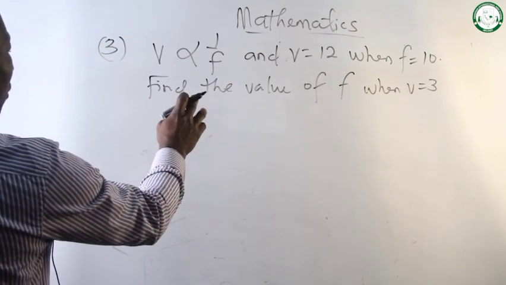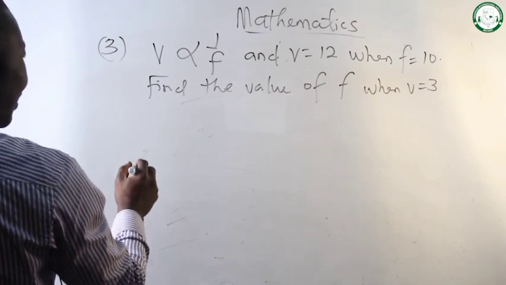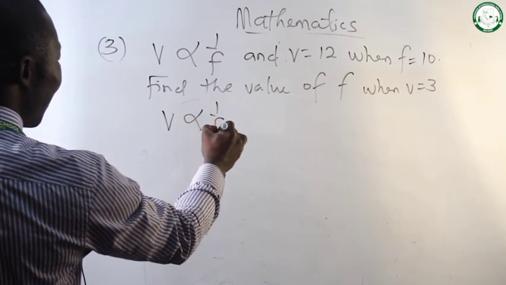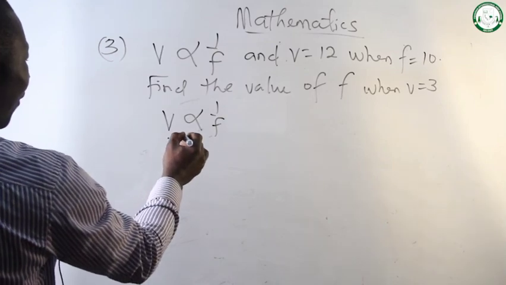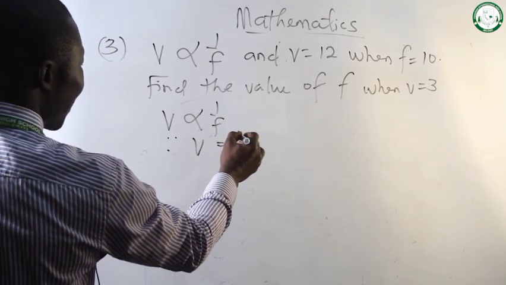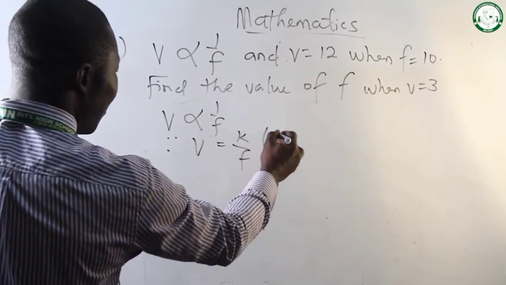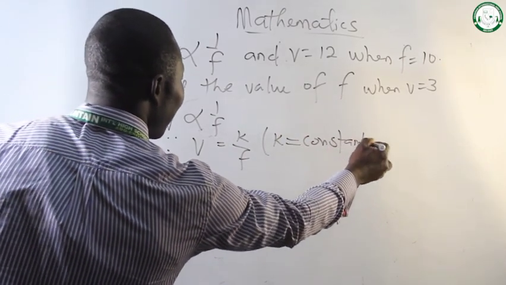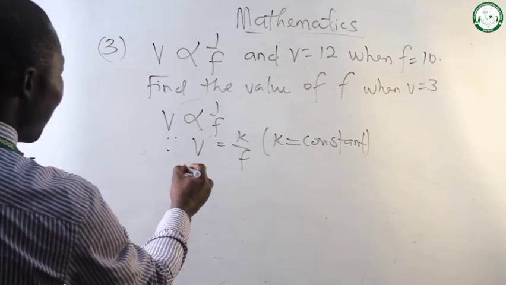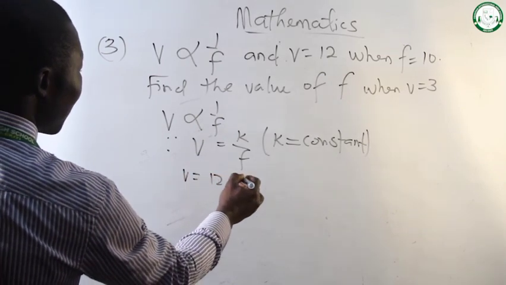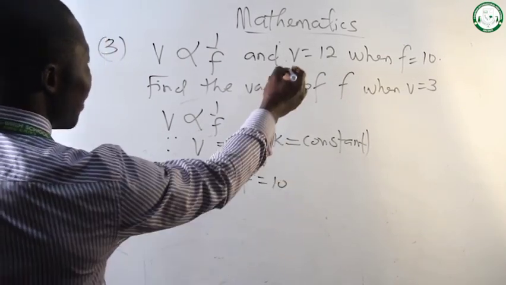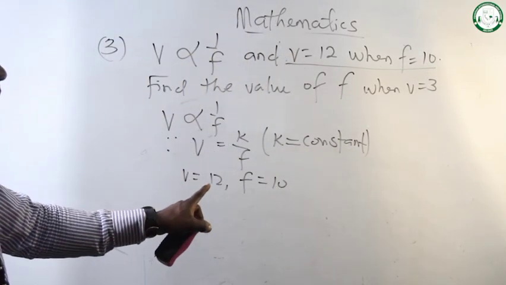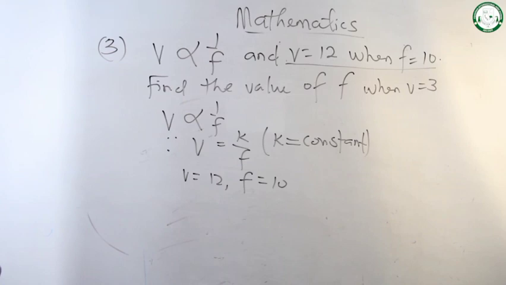It means what we have here is this. v varies as 1 over f. Therefore, v equals k over f. Don't forget, k is the constant. v equals 12, f equals 10, based on the statement that was given to us, so we substitute these values into the equation.